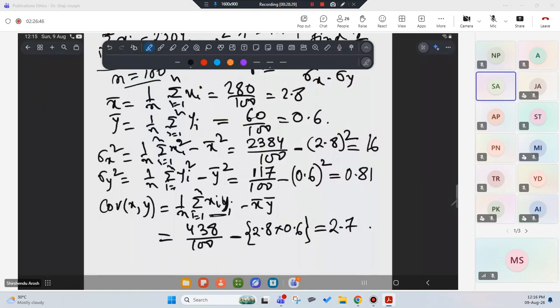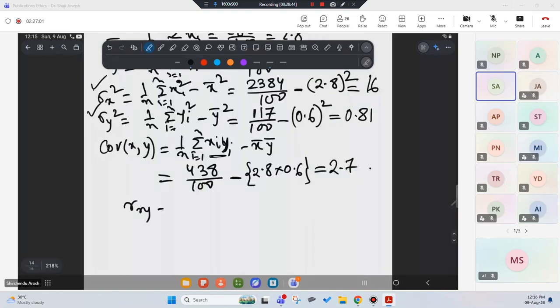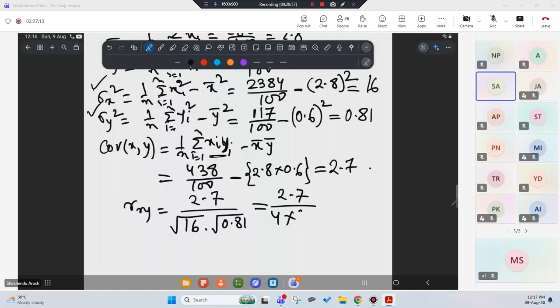So I got almost all the numbers, but make sure you found out the variance there, not the standard deviation. In the equation, there is standard deviation, not the variance. So make sure you put the square roots there. So Rxy would be 2.7 divided by square root of 16 and square root of 0.81. So 4 into 0.9 is 3.6, giving 0.75.